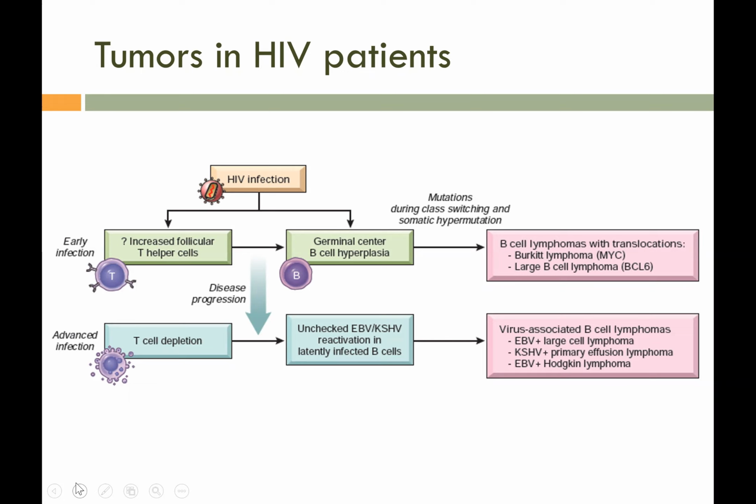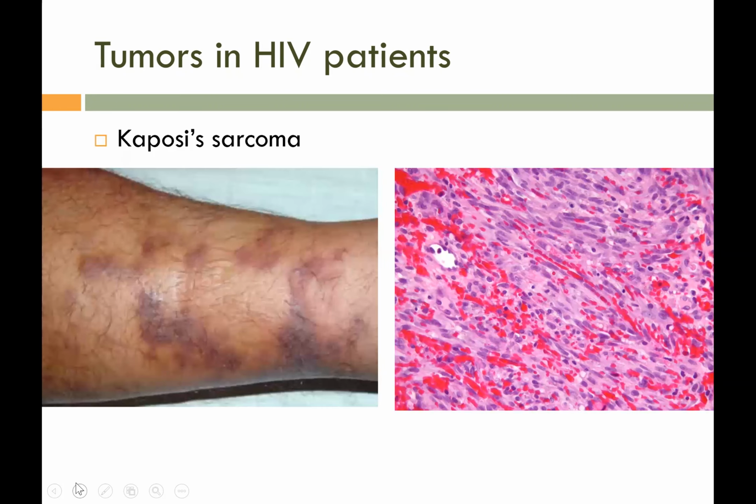So as I have mentioned, take note of the tumors that are common: Kaposi sarcoma, lymphomas, cervical carcinoma, and also anal squamous cell carcinoma. This is the typical lesion of Kaposi sarcoma. As you can see, as I have mentioned, they are vascular tumors.